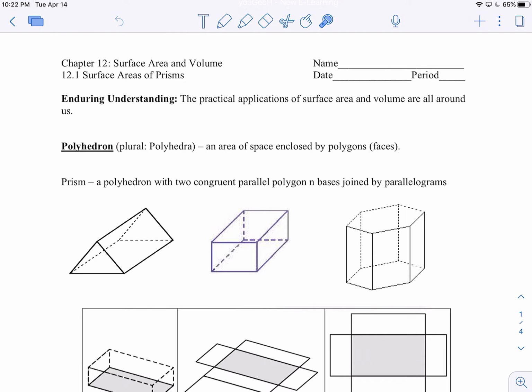There are lots of pantry goods, like a can of something, or a jar of peanut butter, and those are all examples of polyhedron, an area of space enclosed by different polygons.